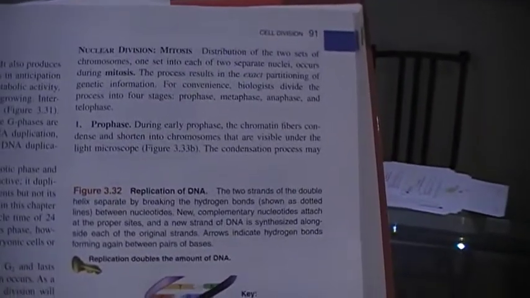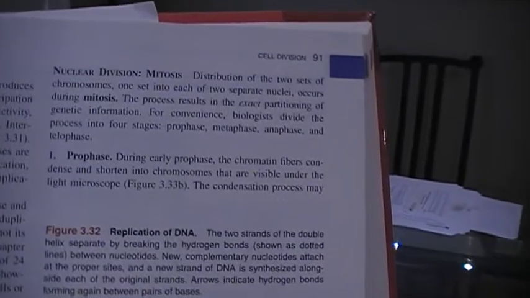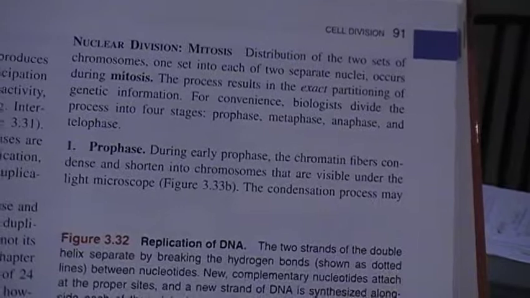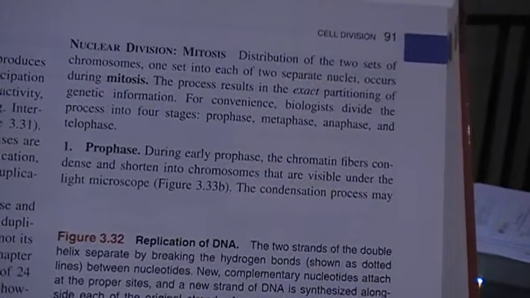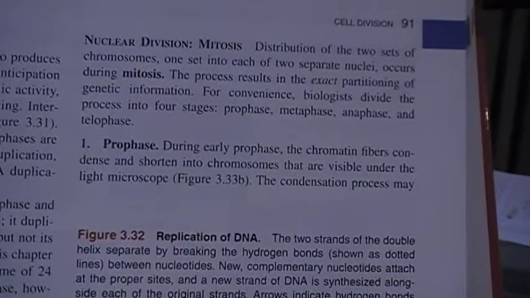In mitosis, there are 2 sets of chromosomes, one set in each separate nucleus, which occurs during mitosis.